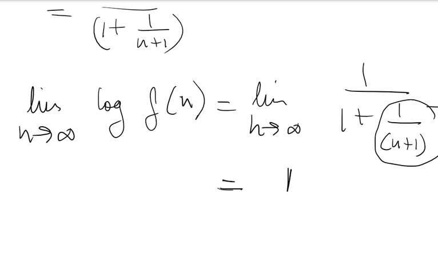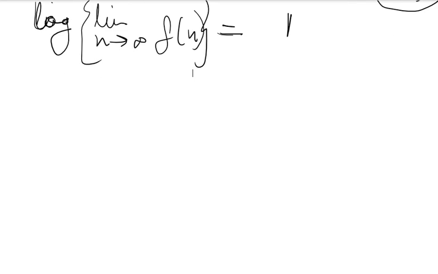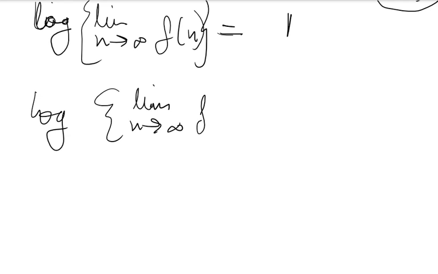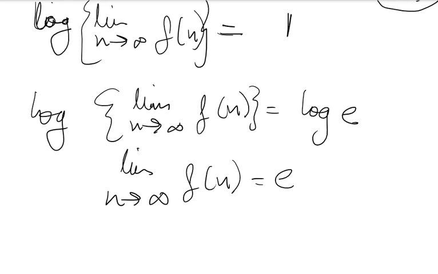Now you can write log outside: log limit n tends to infinity f of n. So this means what? Log e, right? So log limit n tends to infinity f of n is equal to log e. So limit n tends to infinity f of n is equal to e.